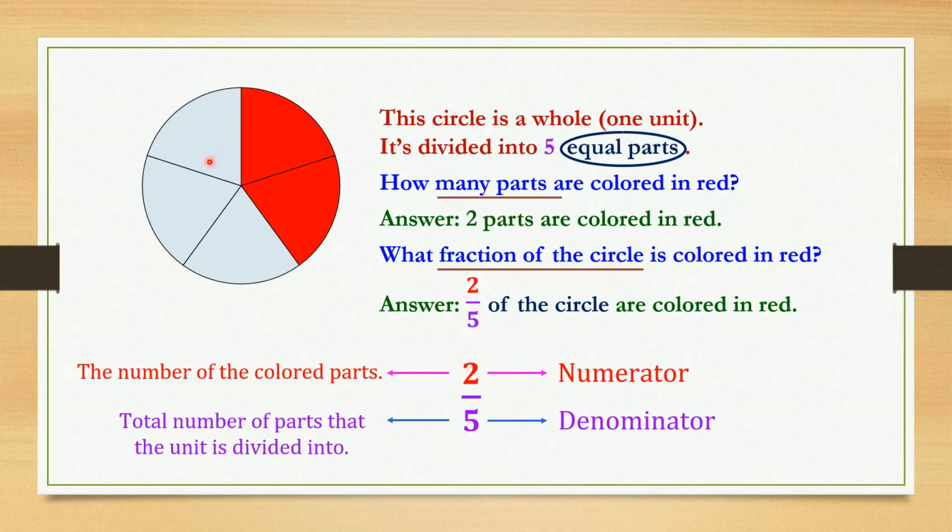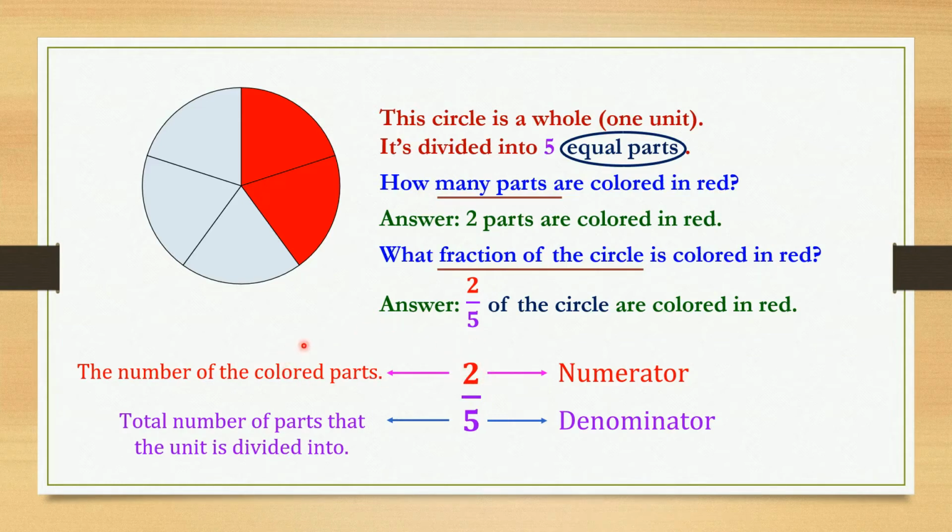If they ask us about the parts in gray, it will be 3, and the fraction will be 3 over 5. In the previous example about the pizza, we counted the parts or the slices that each boy ate, and we found our numerator.